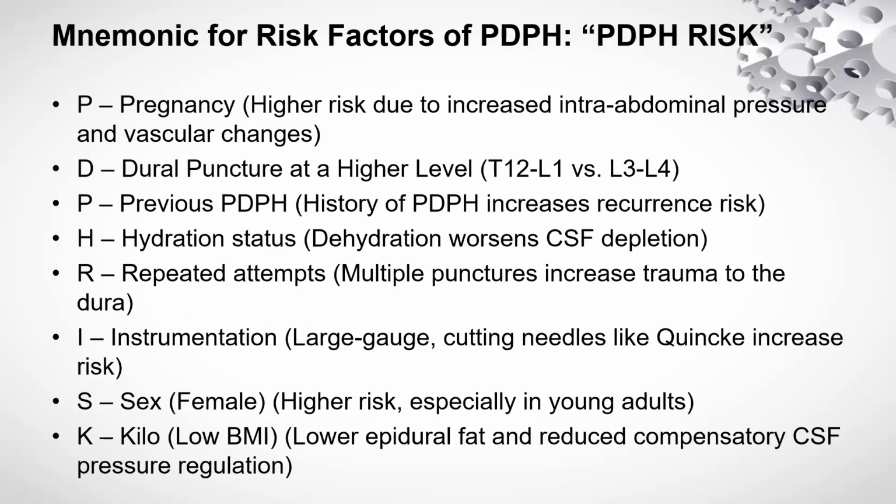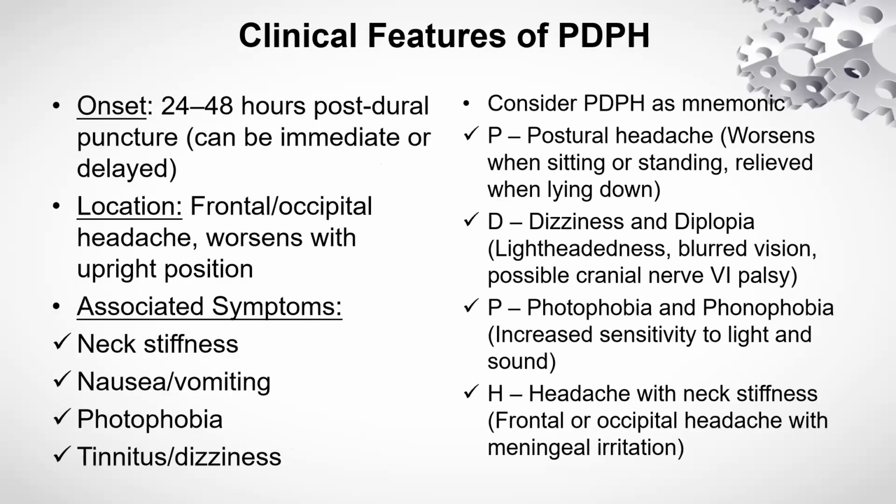So all of these, I've put them into a mnemonic, PDPH risk. So pregnancy, dural puncture, previous PDPH, hydration status, repeated attempts, instrumentation, the female sex, and the low BMI. So what are the clinical features of postural puncture headache?